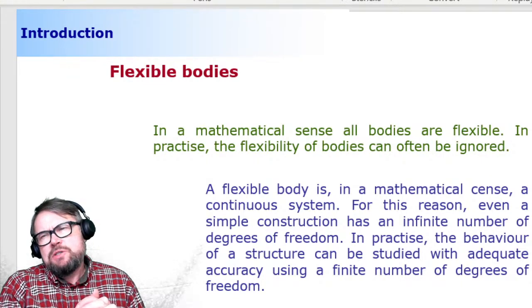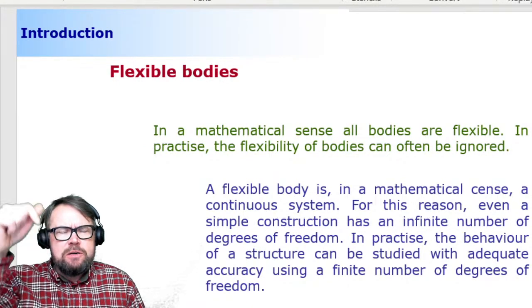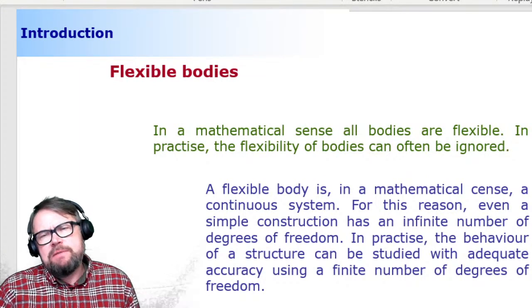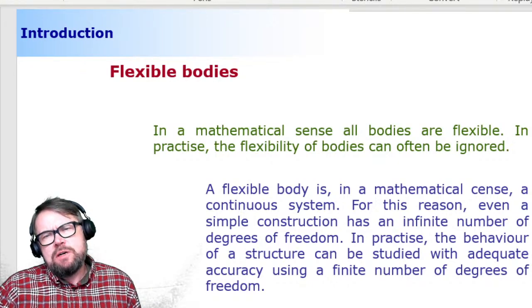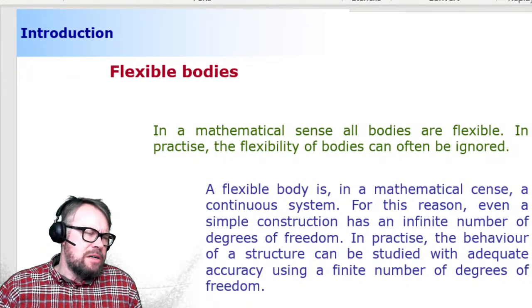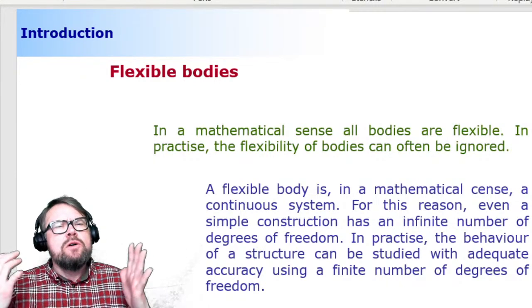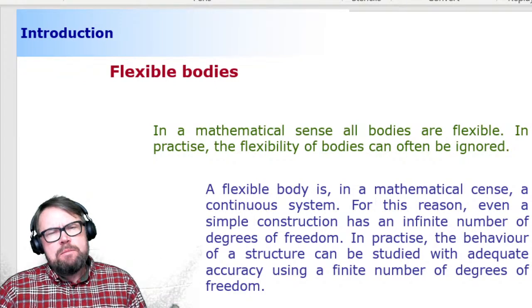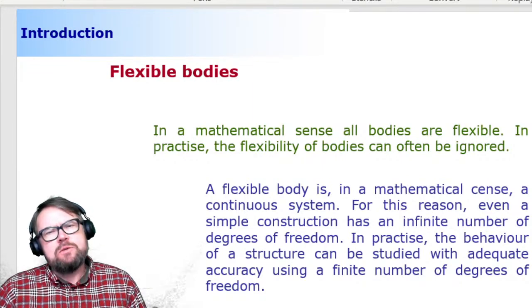Sometimes it has been suggested that if the force applied to your structure is very close to one of your natural frequencies, then it's important to model the structure as flexible. But that's not necessarily needed in all practical cases. It's heavily case dependent, and there is no rule of thumb to say when a body needs to be described as deformable and when it is okay to model it as rigid.